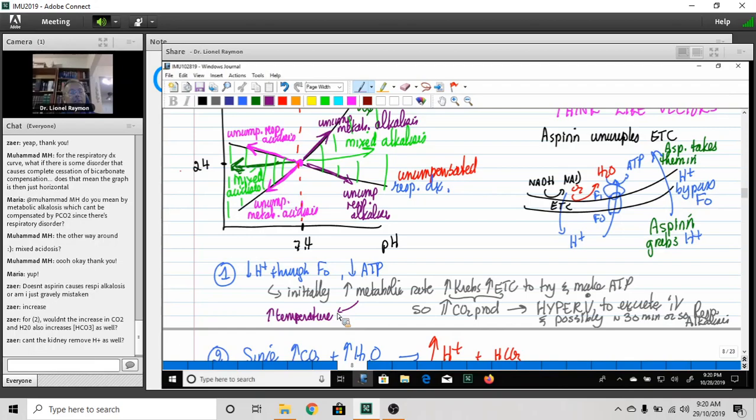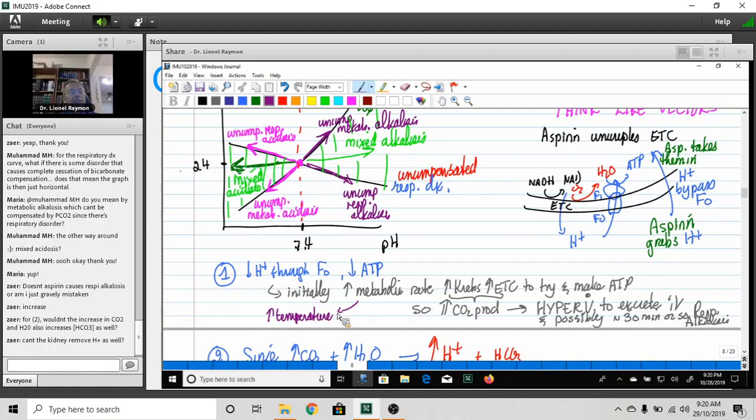The problem with too much aspirin, unlike exercise, is that eventually the lack of ATP is going to suppress your respiratory centers and your respiratory muscles, in which case you're going to end up with a hypoventilation on the background of a high metabolic rate. And now you get the combined acidosis, and now you're either going to die or you need the emergency room to do supportive management.